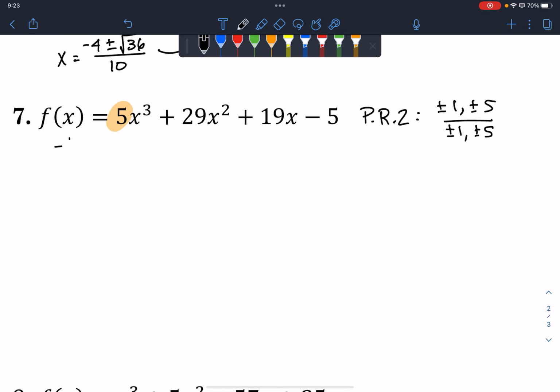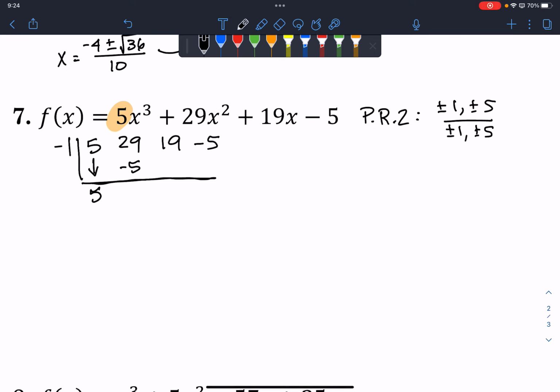Let's see if negative 1 works. This is negative 5, which is 24, negative 24, which is negative 5, and positive 5, and we end up with 0. There we go.